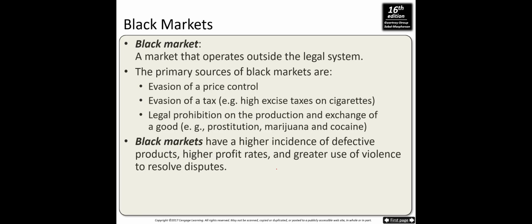Black markets have a higher incidence of defective products, higher profit rates, and greater use of violence to resolve disputes. So let's say you buy something in the black market and the product is defective. You can't do anything. You need to use violence to resolve the dispute because you can't go to court and ask for your rights.